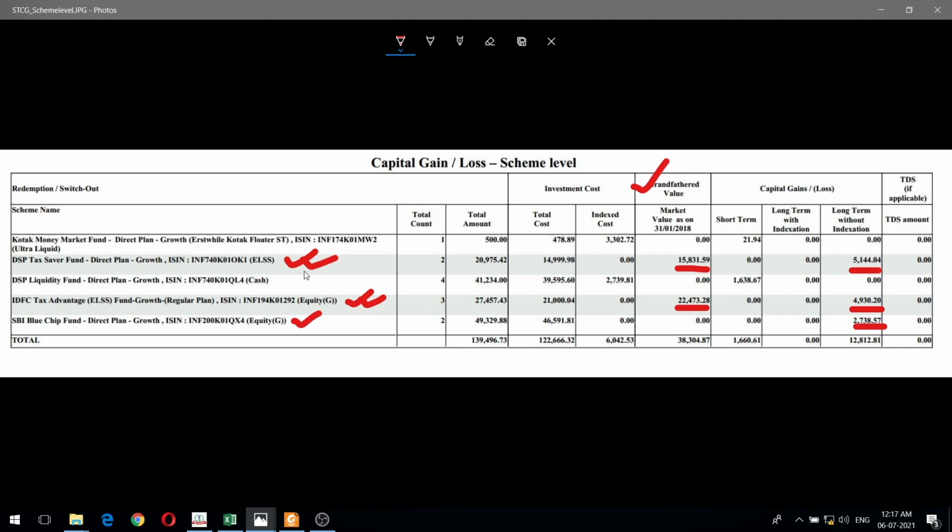In the grandfather value, as per the rules, you have to see all the transactions you have made for redemption. For the sake of simplicity, there are two examples here for the grandfather value, IDFC and DSP, but we'll be exploring only the DSP tax saver fund. Similarly, you have to follow the IDFC tax advantage fund. So let me go to the transaction level of the DSP tax saver fund.